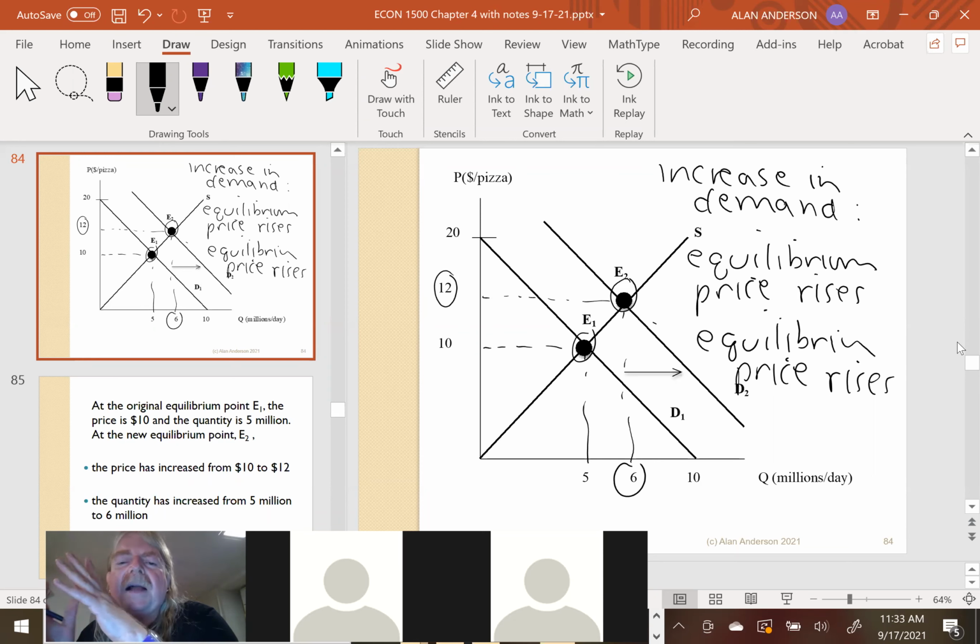So they're happy to sell more pizzas, but they have to get a higher price to compensate them for their increased expenses. But the people who want more pizza will say, well, whatever, I have the money. My income went up. I'm willing to pay $12 now instead of 10. And so more people will have pizza, but they have to pay a higher price.